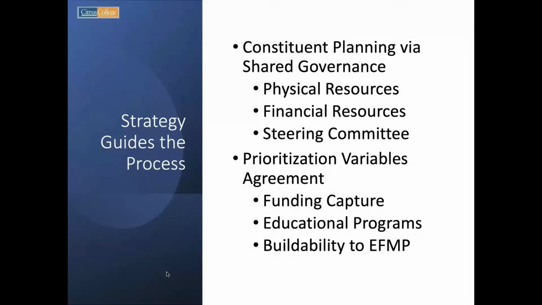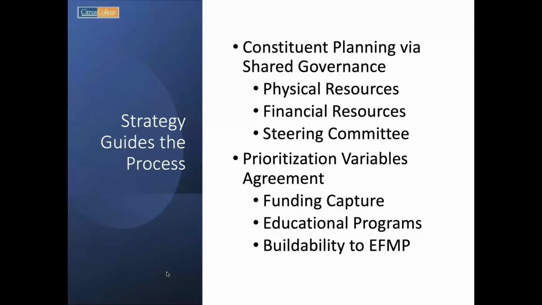For instance, our CTE building is valued a little over, estimates show a little over 70 million. If we can maximize state bonds on that, you're going to get 15 or 20 million from the state. Now you've got more money on top of the 298. The second variable is the educational programs.